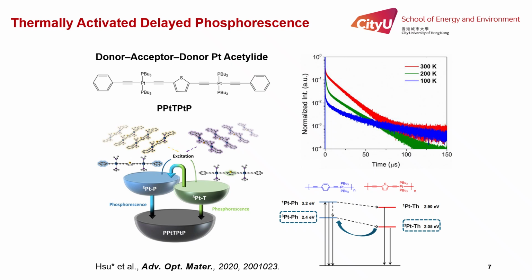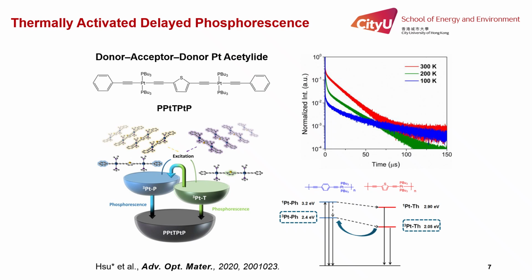Based on the specific photophysical and electrochemical properties, platinum acetylide serves as a potential alternative for ECL devices. For the phenylene-diolphin-phenylene donor-acceptor-donor platinum acetylide, we confirm the occurrence of thermally activated delayed phosphorescence by temperature-dependent transient photoluminescence.